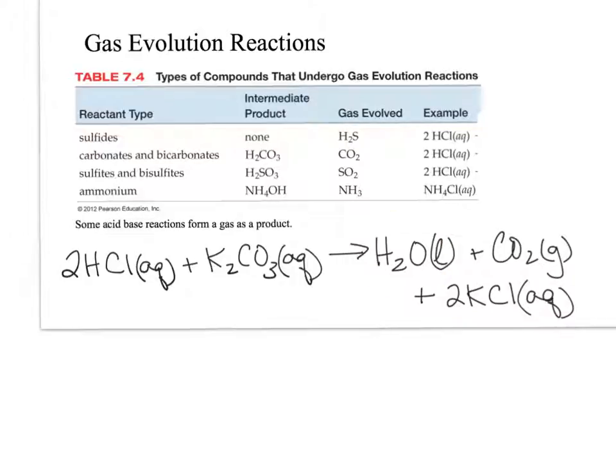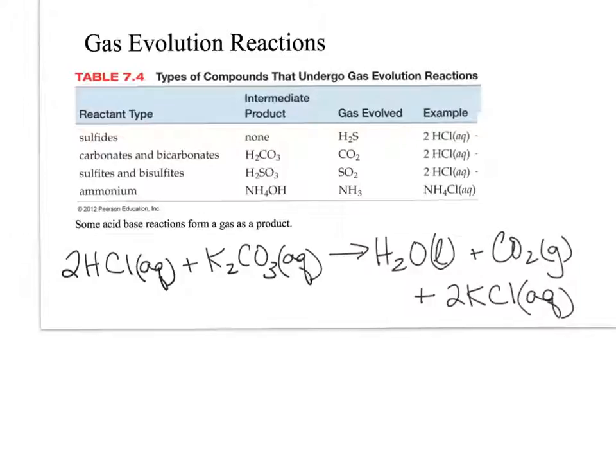So not only is this a gas evolution reaction, but it's also an acid-base reaction because this acid, hydrochloric acid, is coming together with the base, which is potassium carbonate, to create water, carbon dioxide, and then the salt, which is potassium chloride.